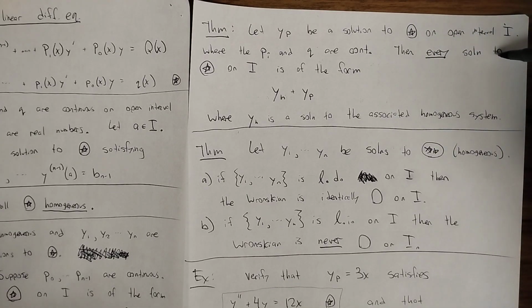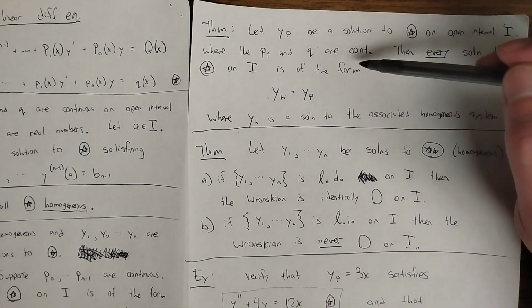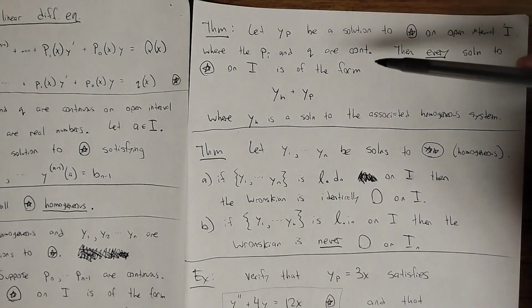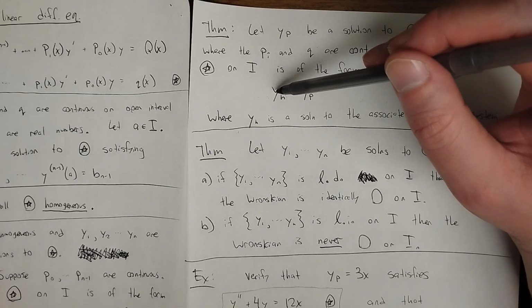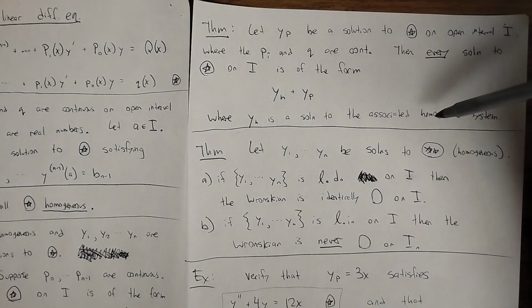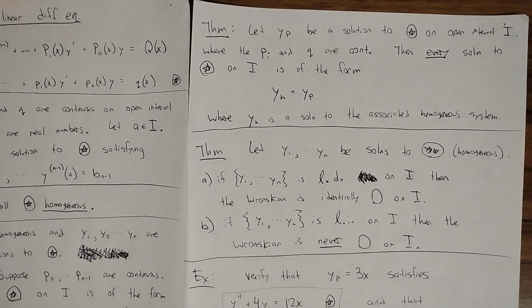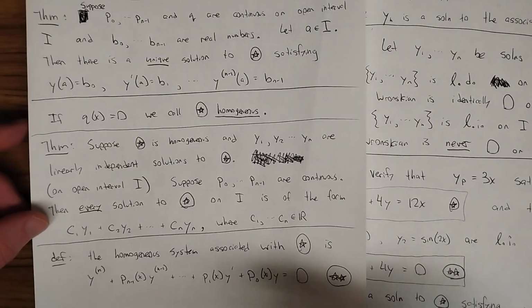Then every solution to star on this interval I is of the following form. I take my y sub p and I just add y sub h, where y sub h is a solution to the associated homogeneous system. And we already said how to find all possible solutions to the associated homogeneous system.